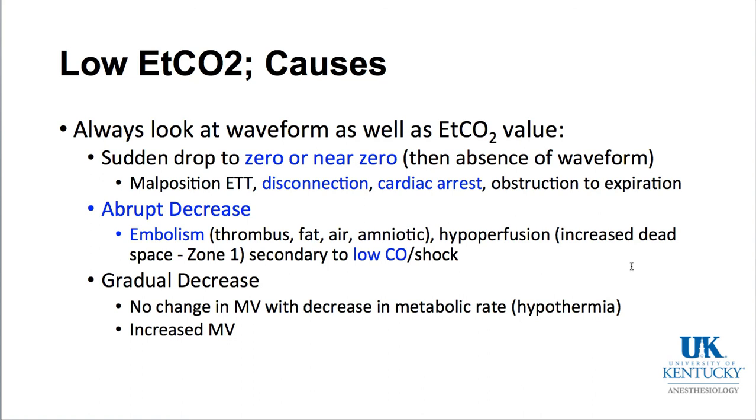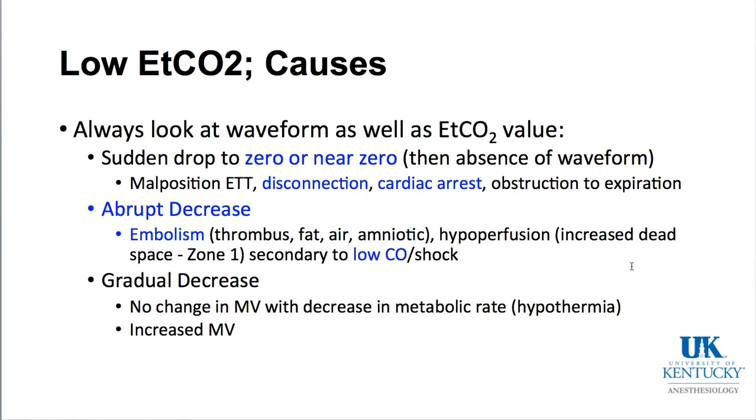Abrupt decrease, such as going from 35 down to 15, is something you'll frequently see when you have a thromboembolus, fat embolus, air embolus, amniotic fluid embolus, severe hypotension, low cardiac output, and hypoperfusion. As your blood pressure decreases, dead space goes up, and your end-tidal CO2 can drop.